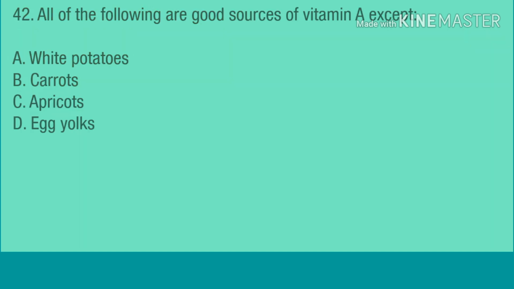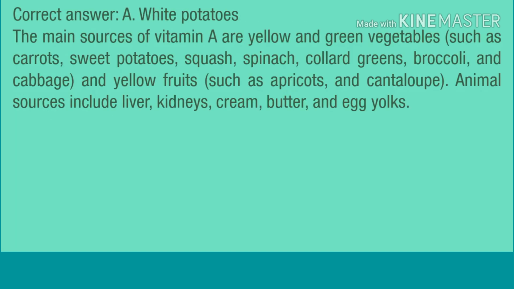Question 42. All of the following are good sources of vitamin A except: A. White potatoes. B. Carrots. C. Apricots. D. Egg yolks. Correct answer, A. White potatoes.